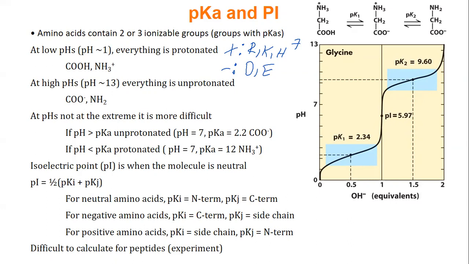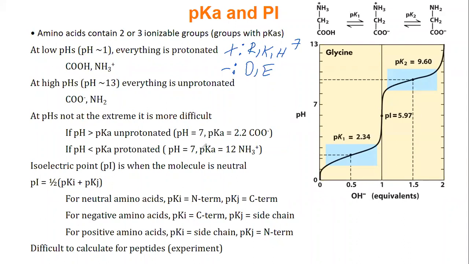So anything that was positively charged becomes neutral. However, at the extremes, we need to do a little bit of math to determine what the charge is. And really, the only formula we care about right now is what's called the isoelectric point, or pI.